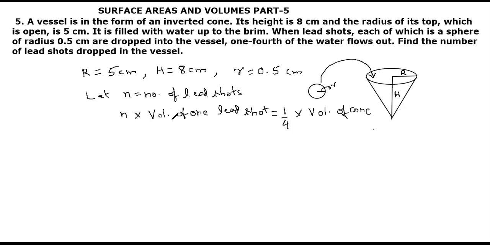And now you know that the volume of a lead shot, meaning a sphere, is 4/3 pi r cube, and small r is the radius of this lead shot. So n into 4/3 pi r cube is equal to 1/4 into the volume of the cone, which is 1/3 pi R square H, here taking capital R. When both sides have pi, we can cancel the pi, and this 3 can be cancelled with this 3.